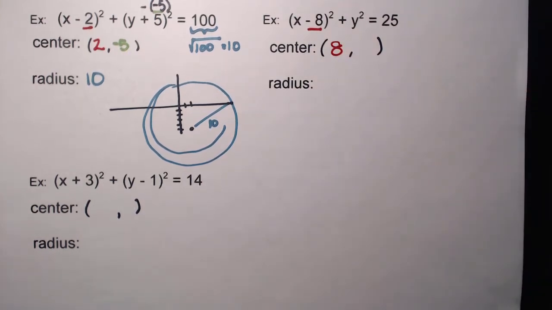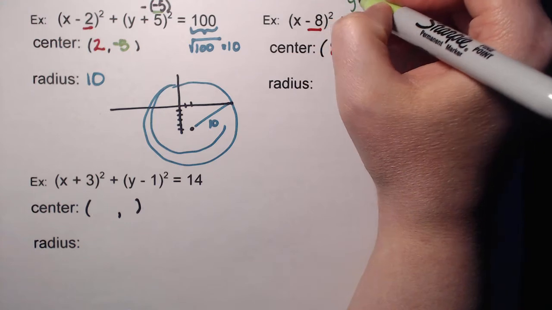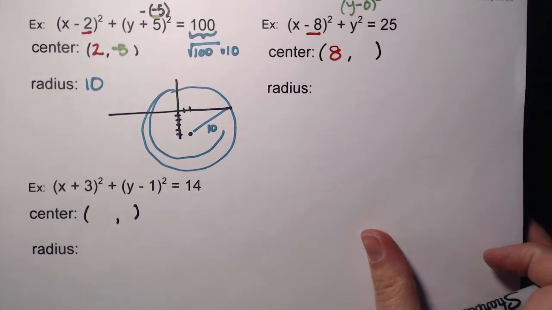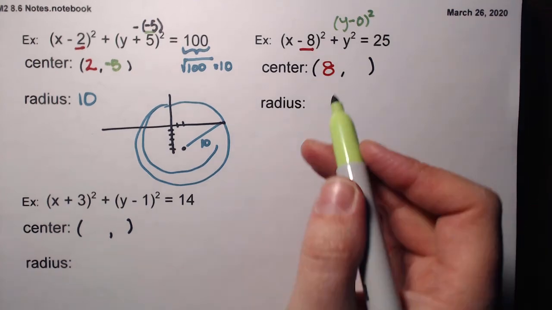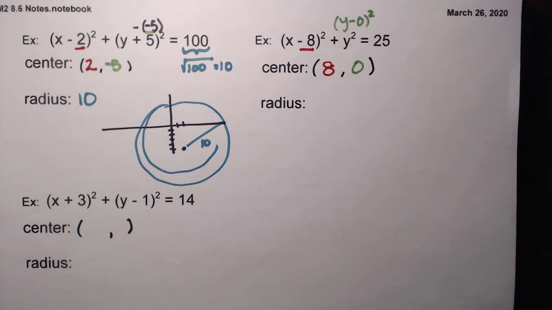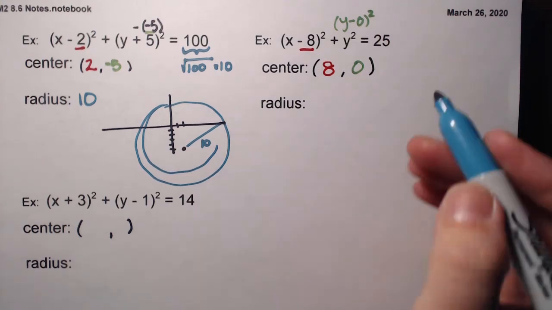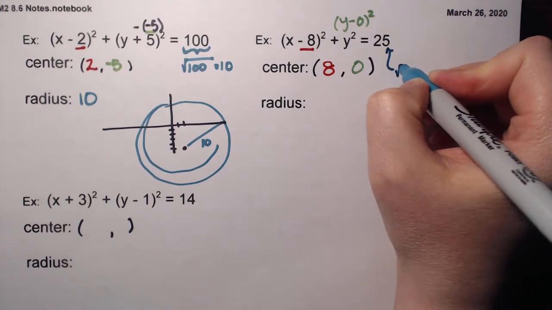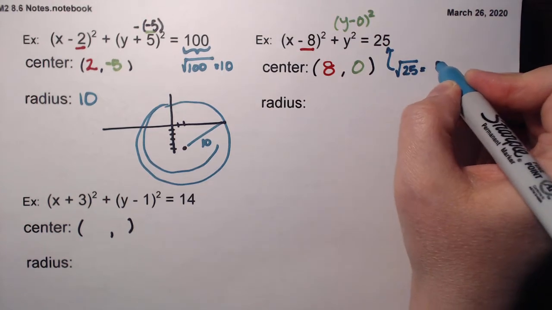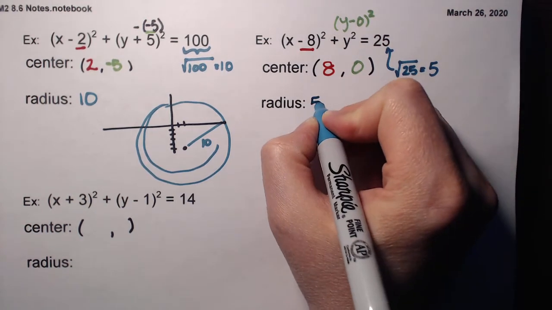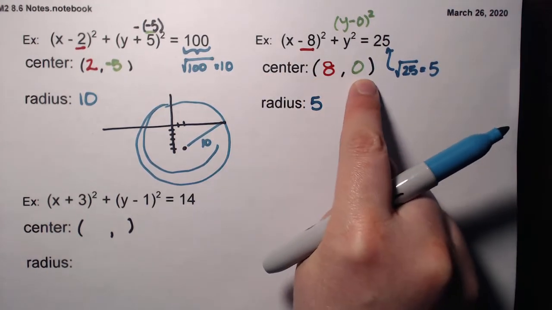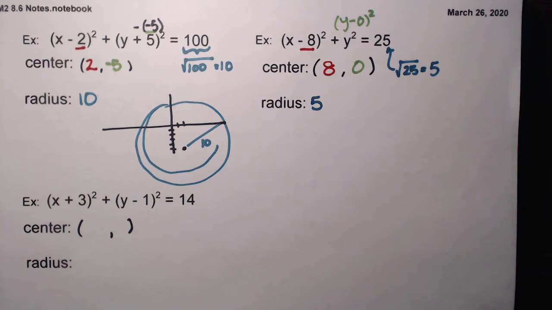Now the K value in this case is 0 because you're not moving at all. There's nothing there. And then for the radius, that's where you take the square root of that value and you get 5. So this circle has a center of 8, 0 and the radius of 5.